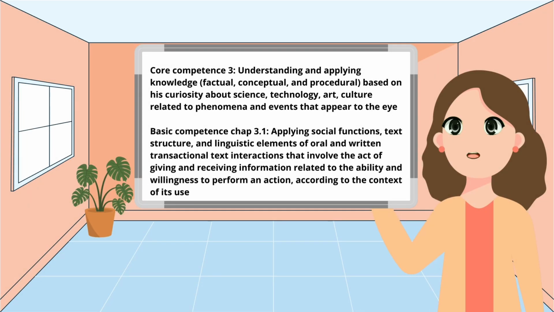The core competence: understanding and applying knowledge, factual, conceptual, and procedural, based on curiosity about science, technology, art, culture, related to phenomena and events that appear to the eye. And the basic competence: applying social functions, text structure, and linguistic elements of oral and written transactional text interaction that involve the act of giving and receiving information related to the ability and willingness to perform an action, according to the context of its use.